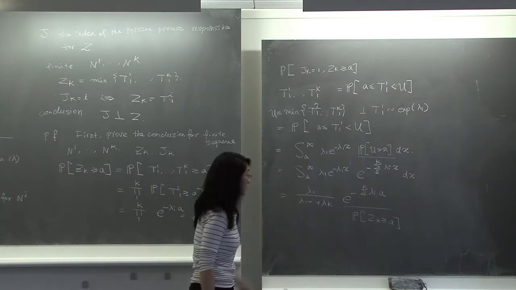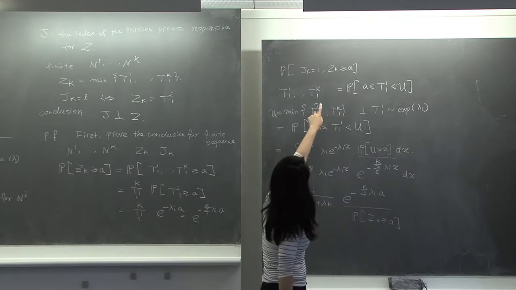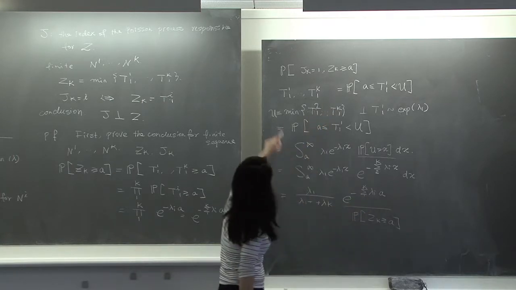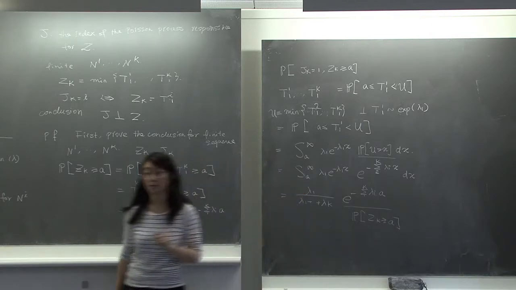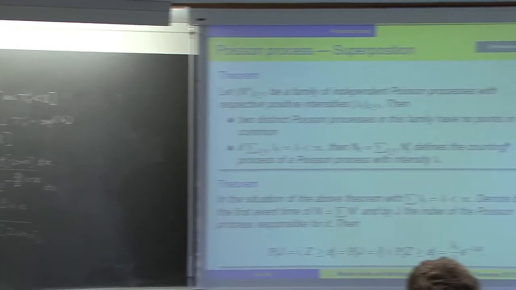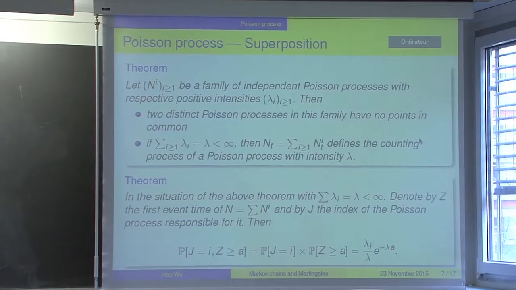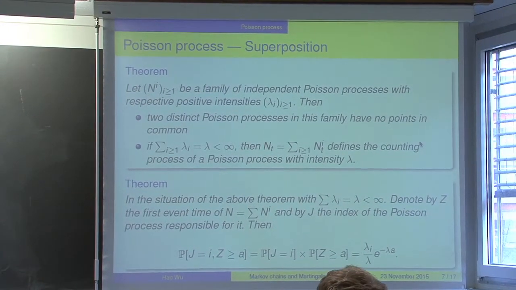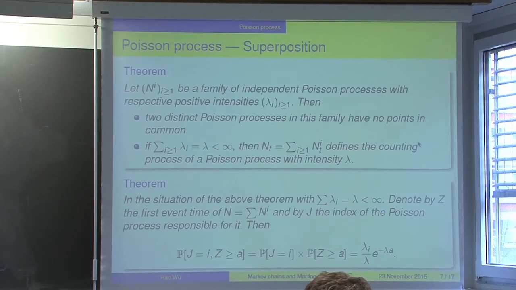So this tells us that Jk is independent of Zk, and the marginal law for Zk is exponential. And the marginal law for Jk is just according to the ratio of the intensities. So the first occurrence time of the superposition of Poisson processes is independent of the index of which process is responsible for this first occurrence.